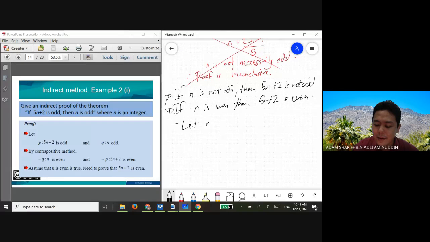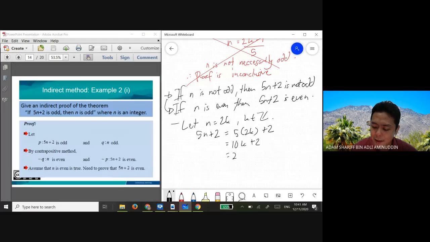Let n be 2k, and this k of course is an integer. 5n plus 2 equals 5 times 2k plus 2, becomes 10k plus 2.